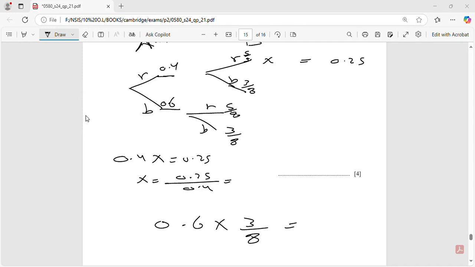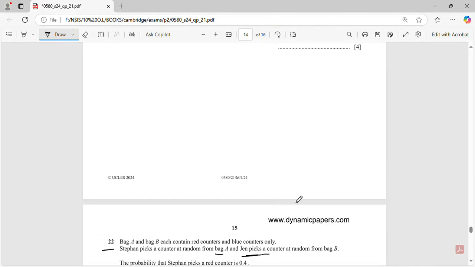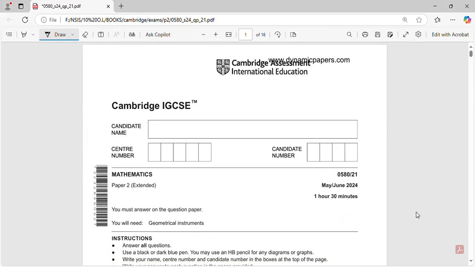I mean plus, sorry. Multiply will equal 9 over 40, which is equal to 0.225. Do you understand this? So I multiply only these two together. This means blue, blue. Now we finish all this amazing exam, which is 2024, May, June, variant 21.